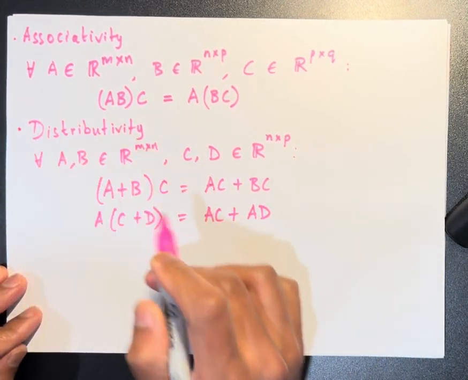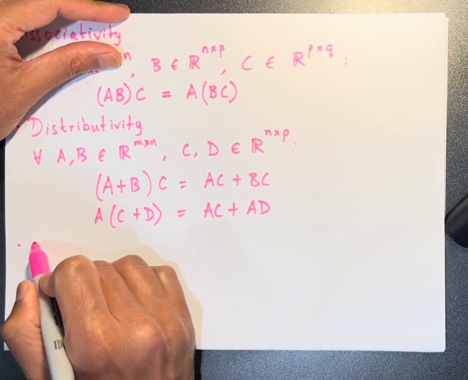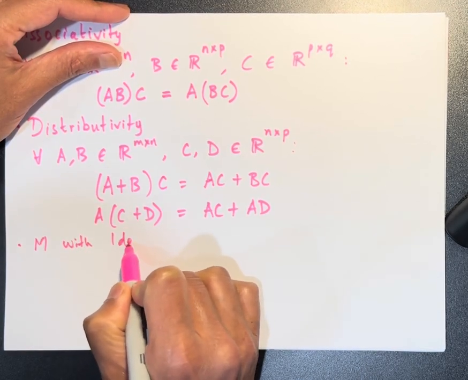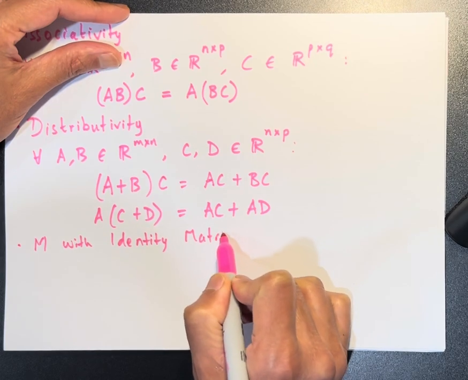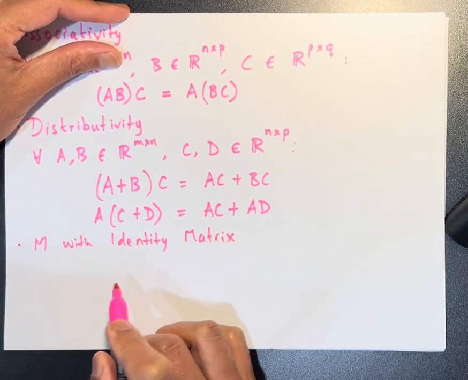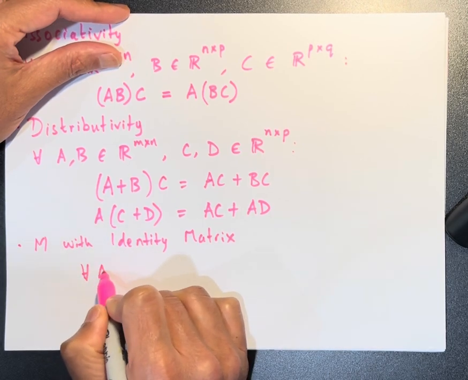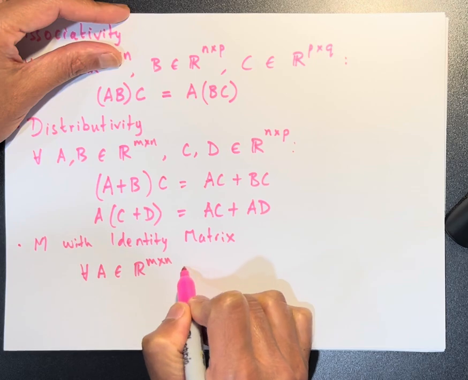And then the third one is what we discussed before, which is the multiplication with identity matrix. M for multiplication here. And this holds for every A in R m by n.